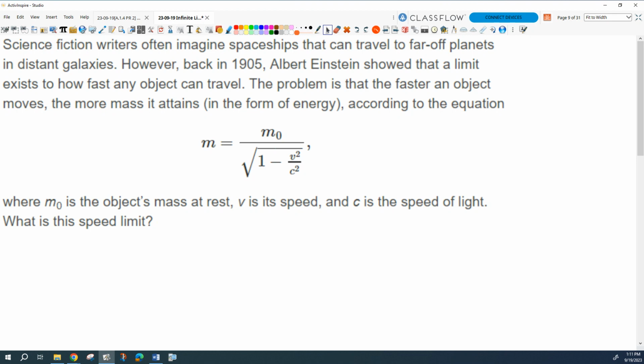Okay. Well, as v gets bigger and approaches c, something weird is going to happen. So if I want to know what happens to an object's mass, how could I do that? What kind of instrument could we use here that we're becoming pretty familiar with?